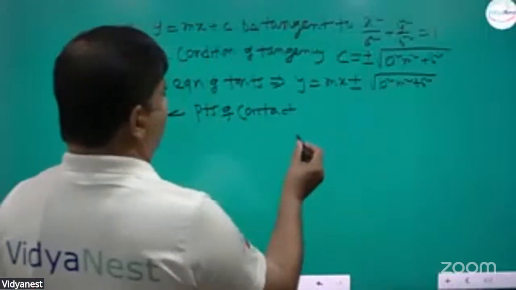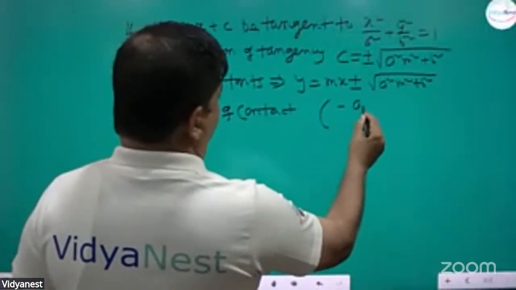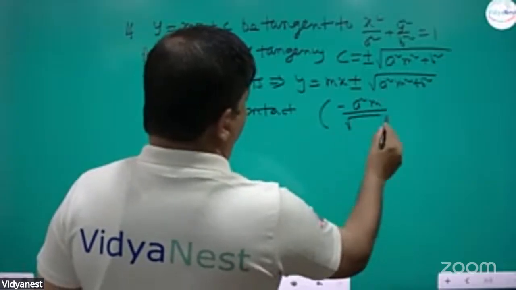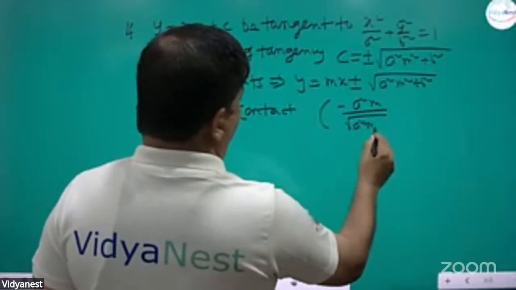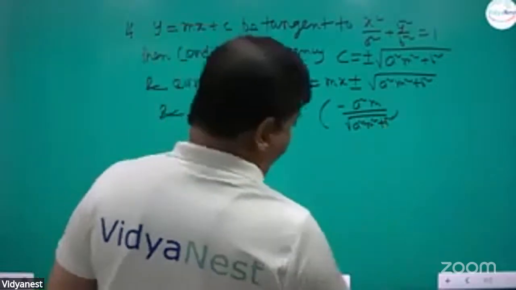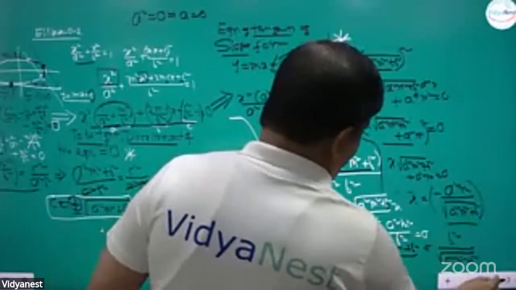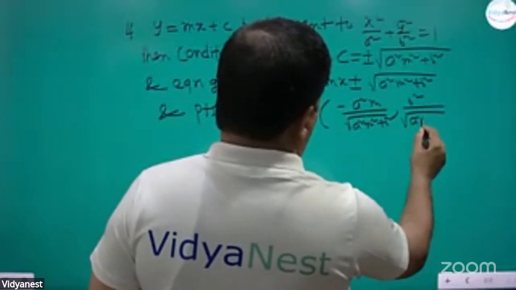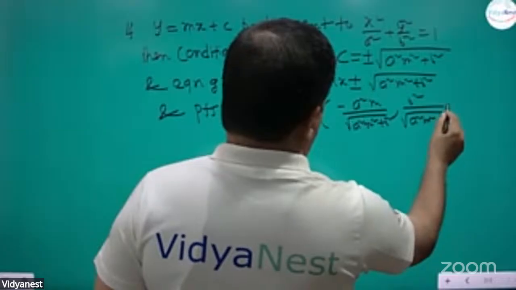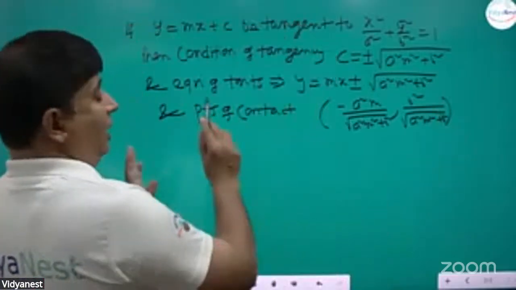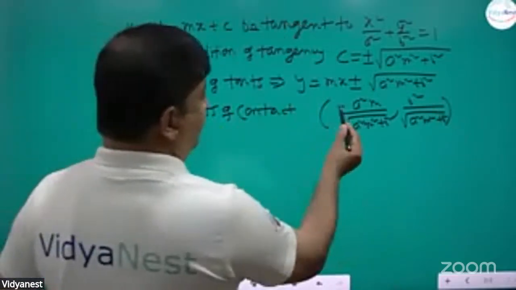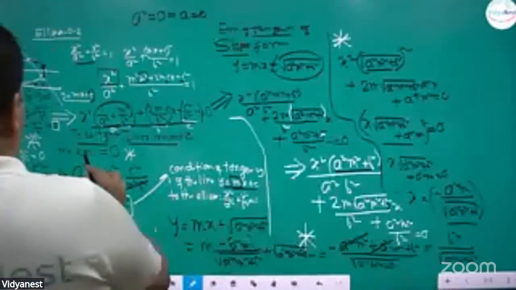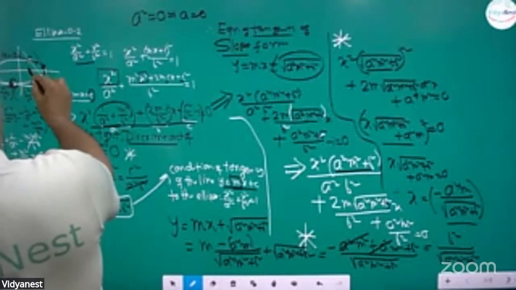Taking the plus value, we got minus a square m by root a square m square plus b square and b square by root a square m square plus b square. So that is one point. Another point, for the other end, what about this? This point I got.